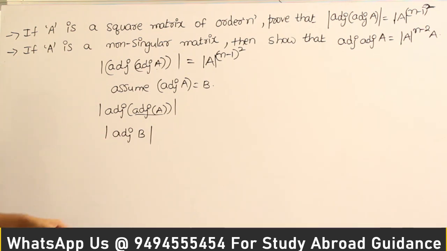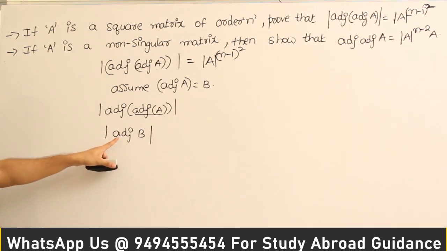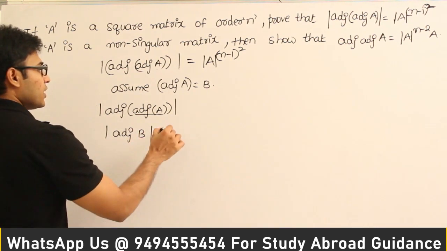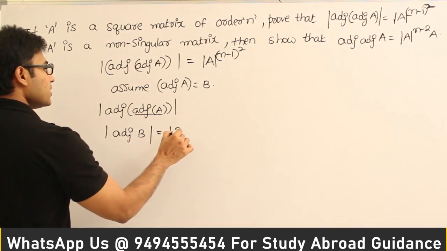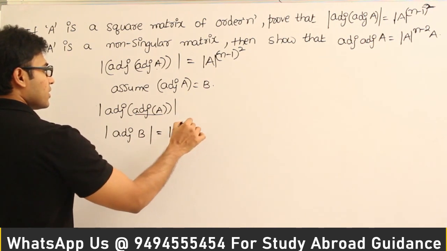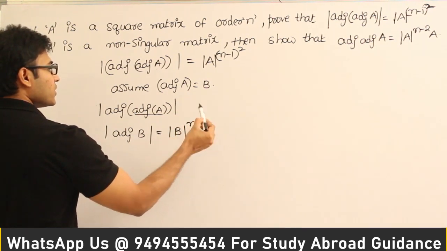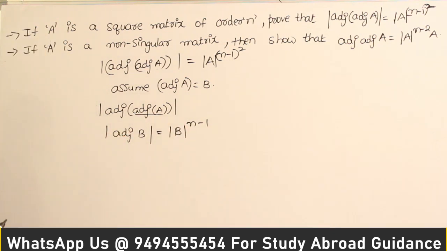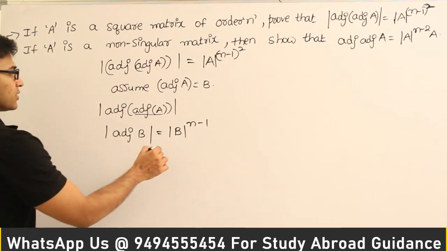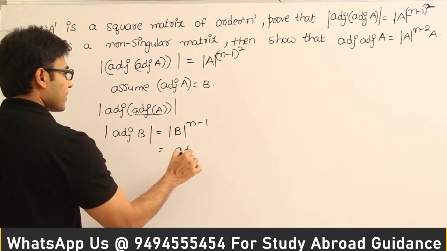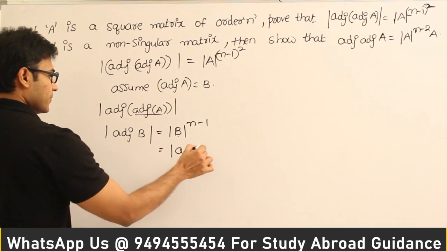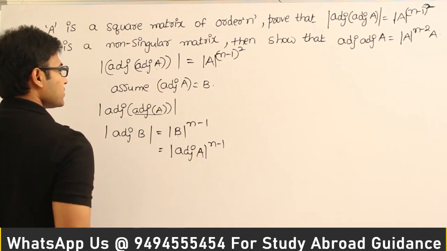Earlier I showed you a proof that the determinant of adjoint of B will be equal to the determinant of B raised to the power n minus 1, where n is the order of the matrix B, that is equal to adjoint of A raised to the power n minus 1.